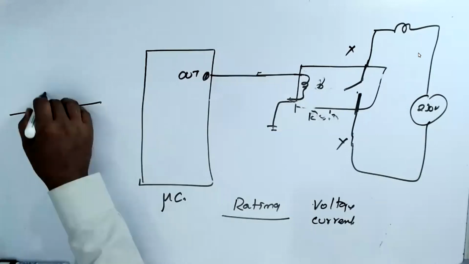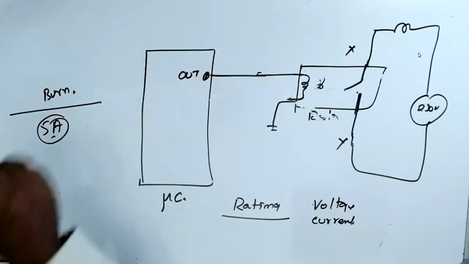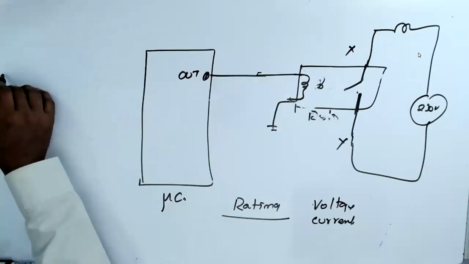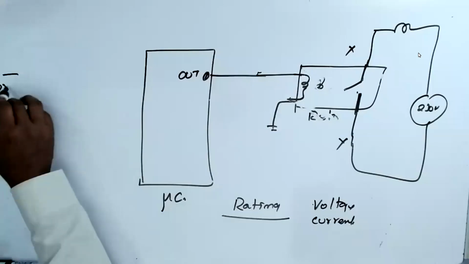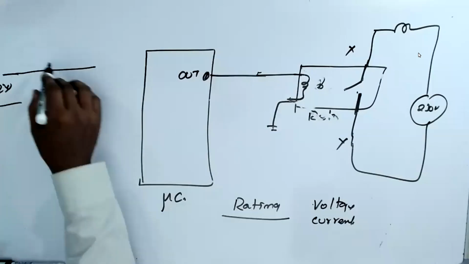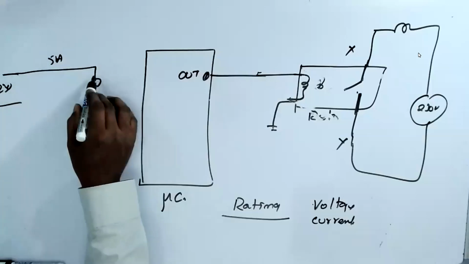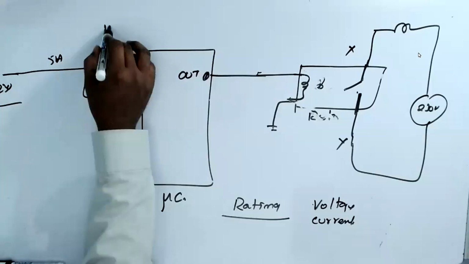What exactly they are trying to say is this. You supply a voltage of 230 volts, you have a wire of 5 ampere, and you connect a heater of 2300 watts.